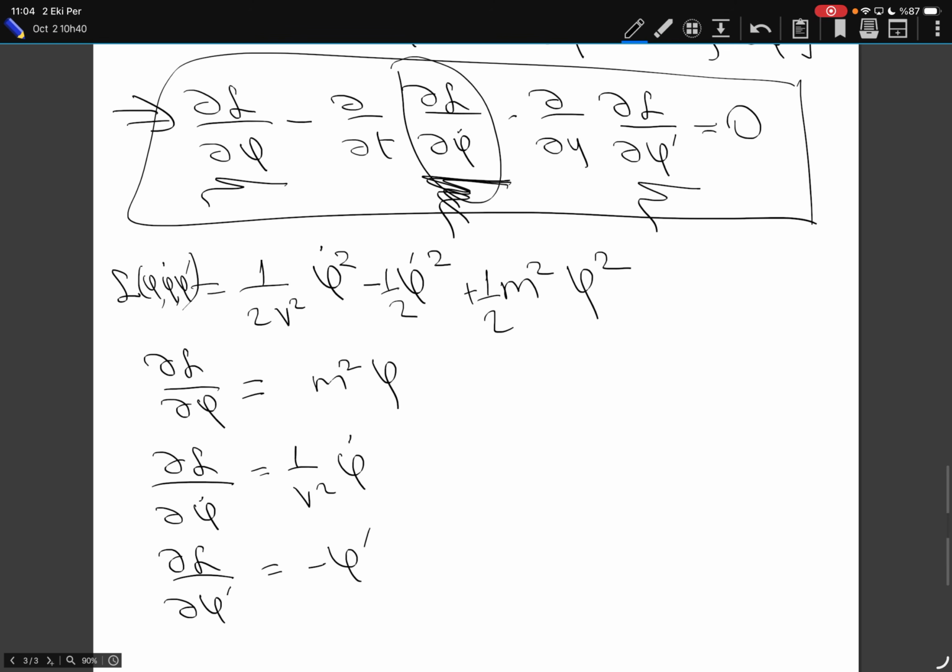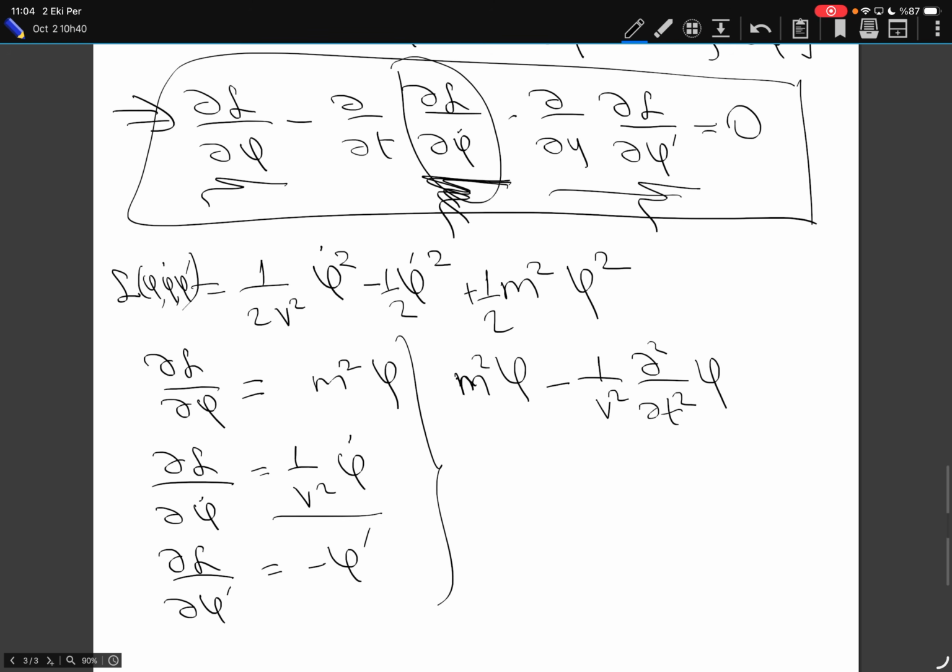So my Euler-Lagrange equation tells me that m squared phi minus the time derivative of this one, which is 1 over v squared d squared phi by dt squared, and the third term is plus del squared phi by del y squared, and this should be equal to 0.